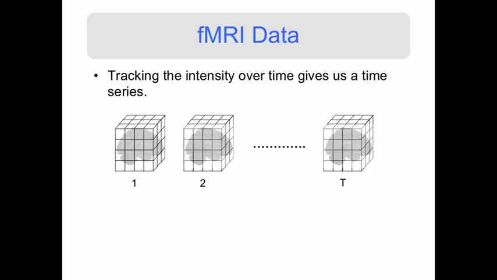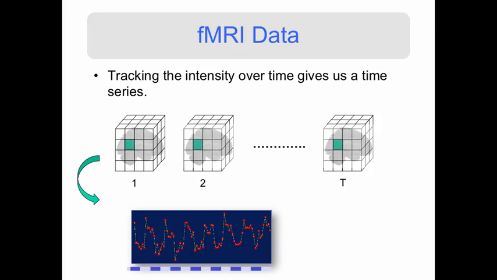Now if we look at a single voxel of the brain, remember each voxel had an intensity associated with it. What we can do is extract that intensity value for that voxel across time, and then what we get is a time series such as the one below. Now this time series we can use to see whether or not the changes in intensity are correlated or related with the task that we performed, in this case finger tapping.